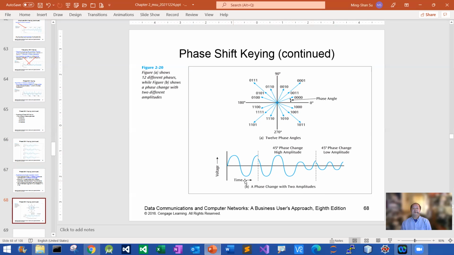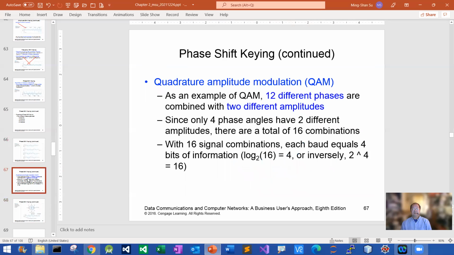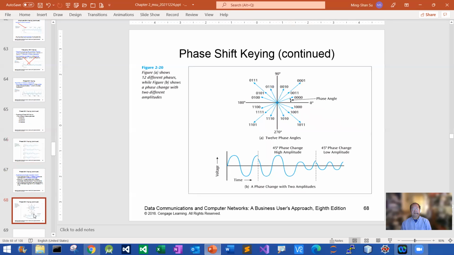So figure B shows a 45-degree phase change with a high amplitude, but you can also have a 45-degree phase change with a low amplitude. So again, the purpose is to allow us to carry more data bits in the signal. Okay, so I will stop the video here.